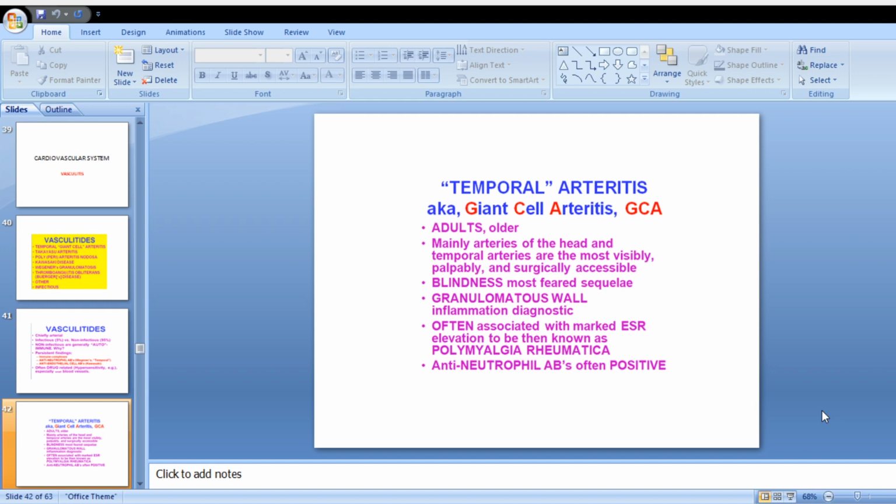Blindness is a feared sequel, and if you take a biopsy of the blood vessels, we will see granuloma formation, that is diagnostic. The patient's ESR is raised, and in some cases anti-neutrophilic antibody is also positive.